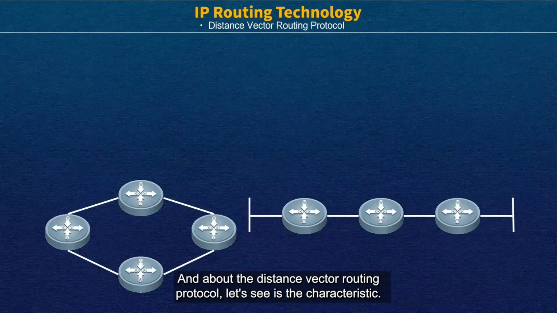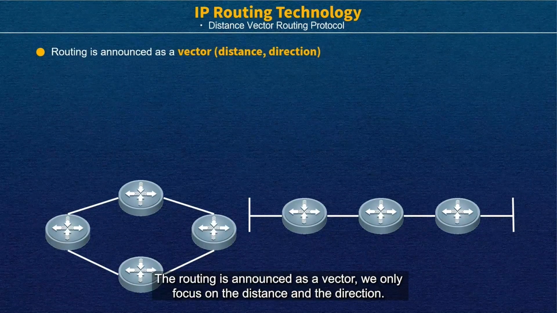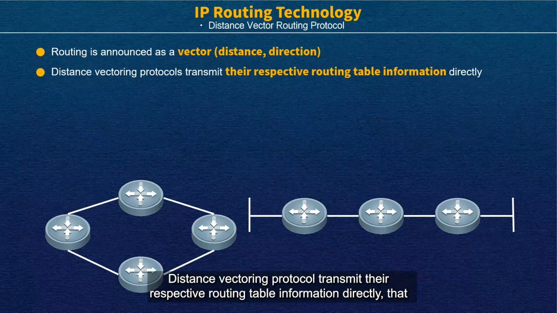And about the distance vector routing protocol, let's look at its characteristics. The routing is announced as a vector. We only focus on the distance and the direction. A distance vector protocol transmits its routing table information directly.